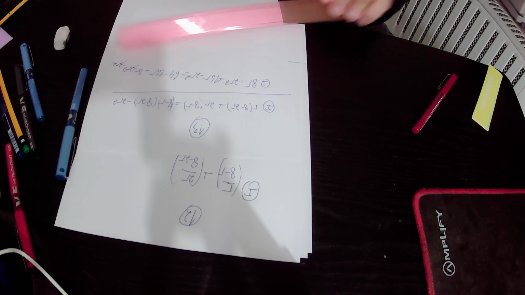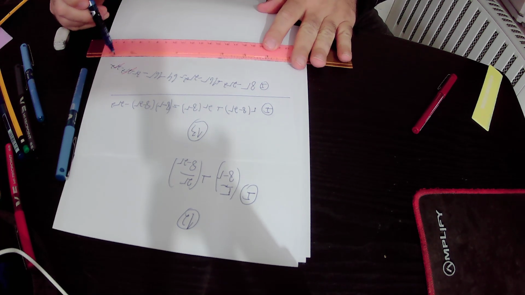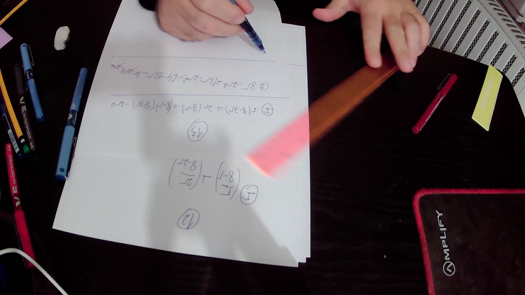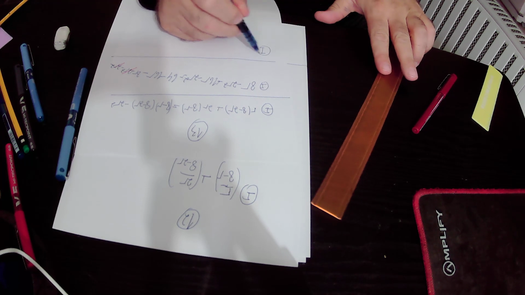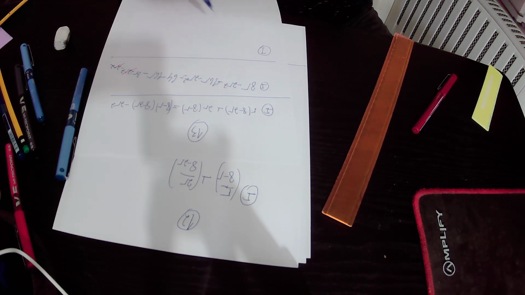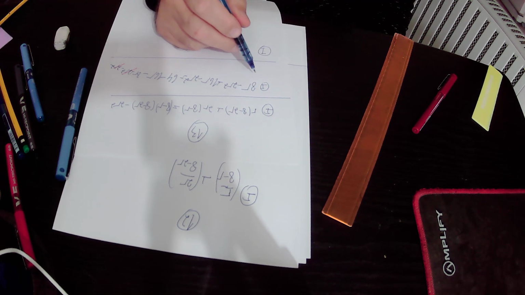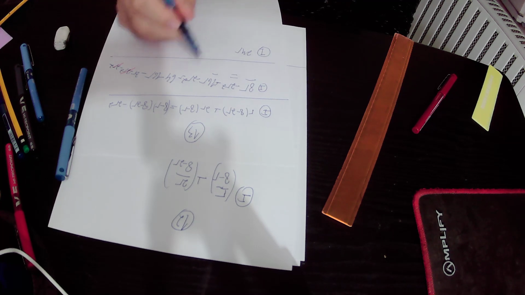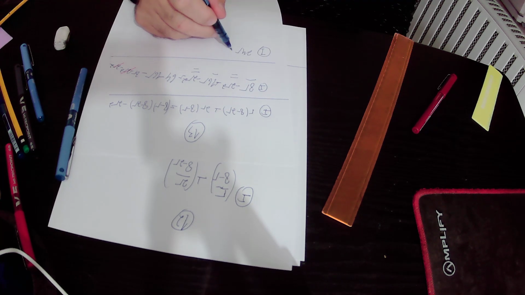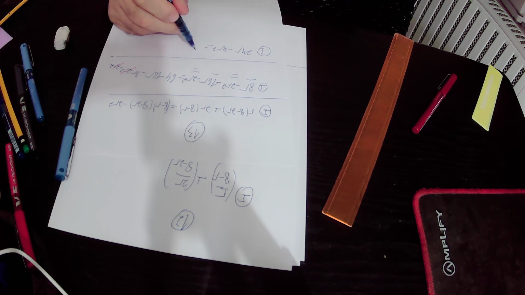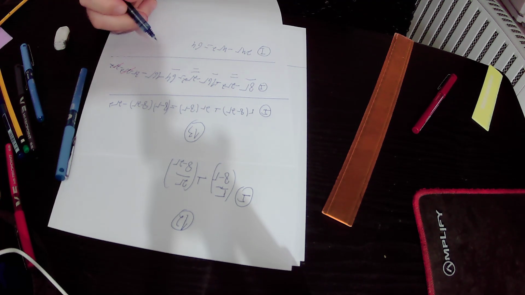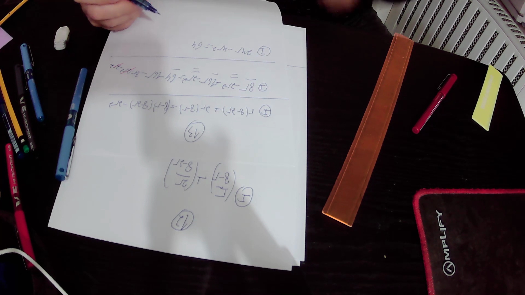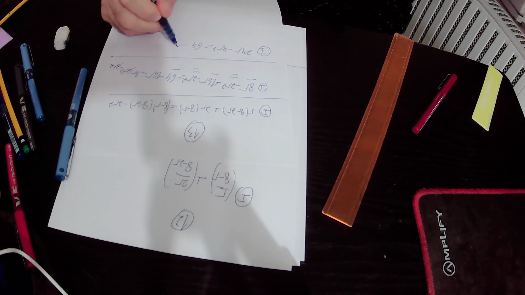So what is left after we cancelled those two expressions? Here we have 8r plus 16r is 24r, minus 2r squared is minus 4r squared, all equals to 64 minus 16r.